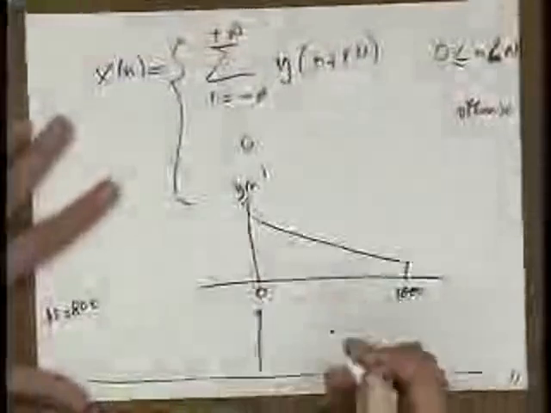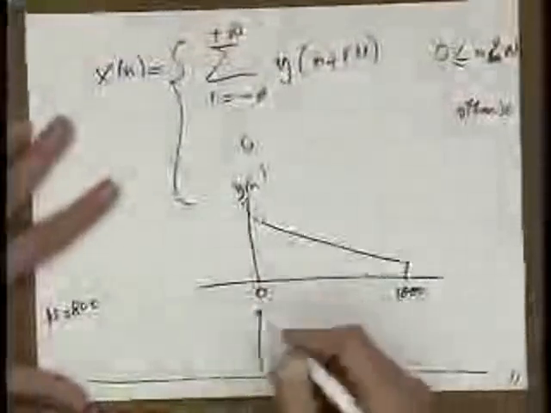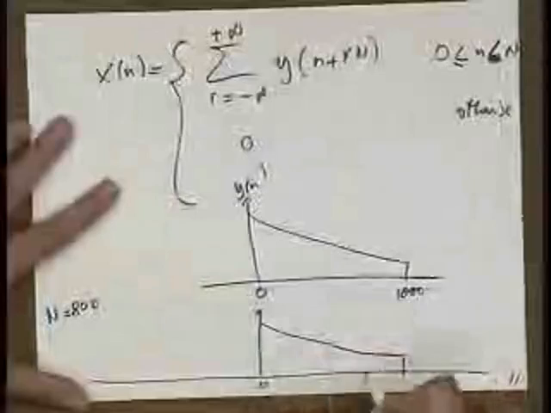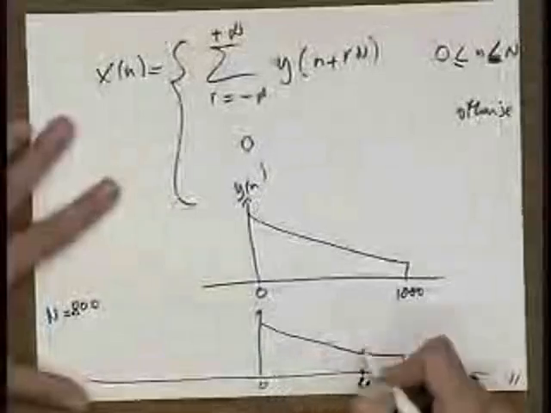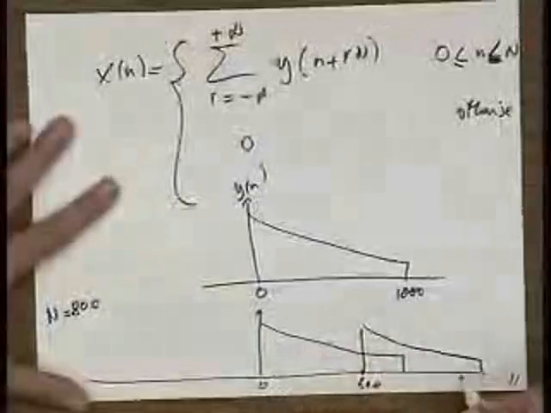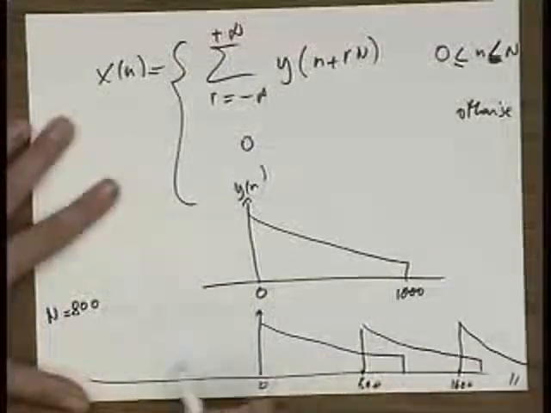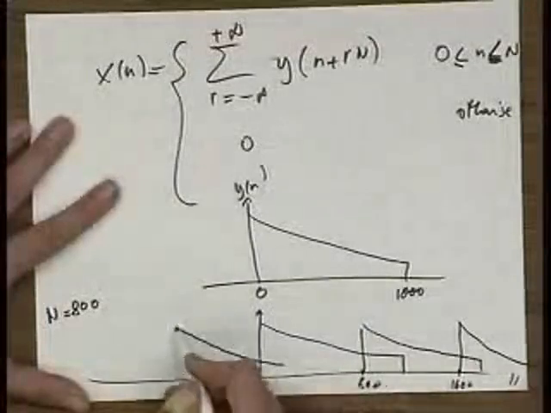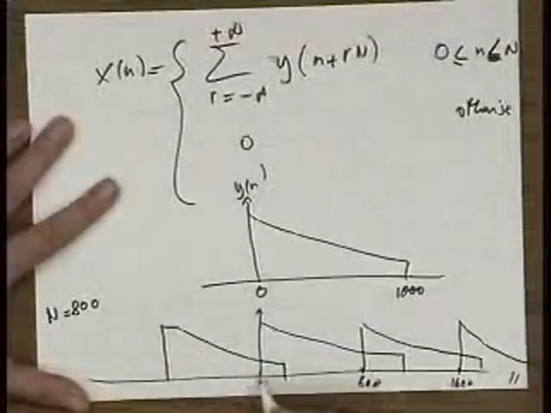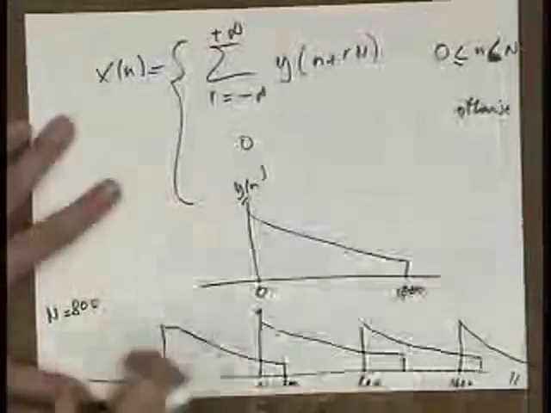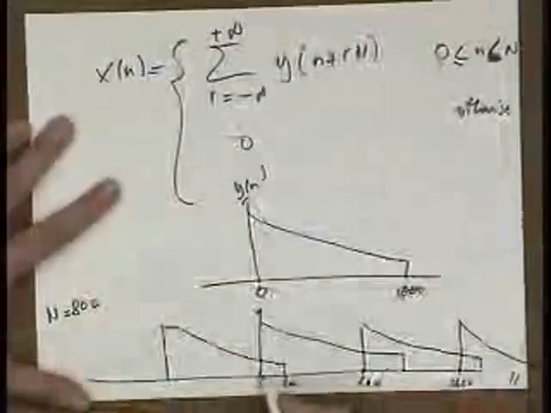It means I start with that, and with period 800, I repeat it. So this is 800, this is 1600. It comes all the way to 200. That's the previous one. So I alias it like that, and I just take one period.